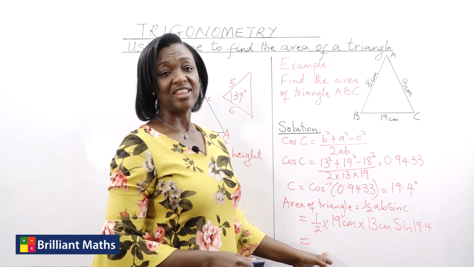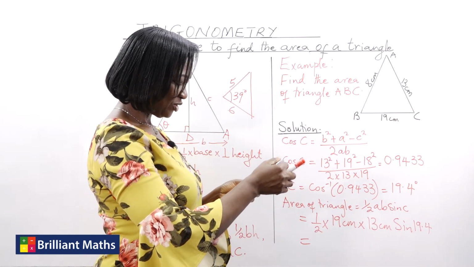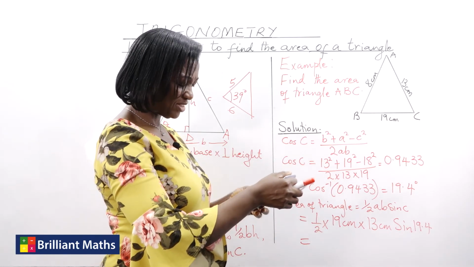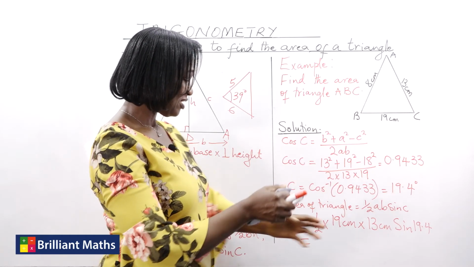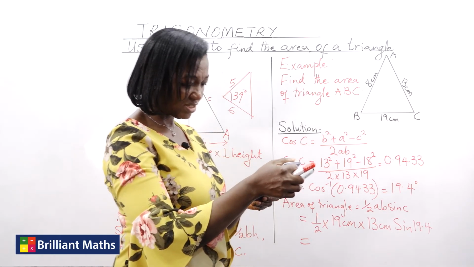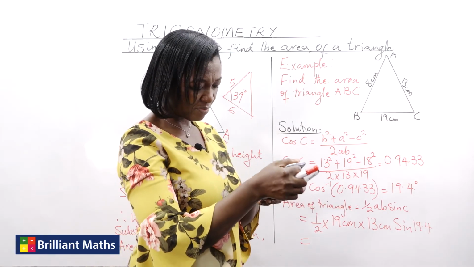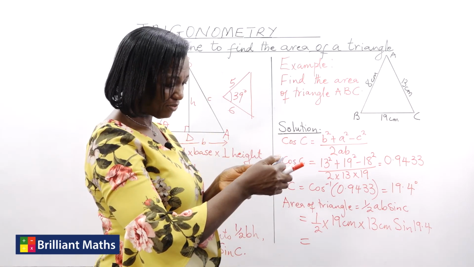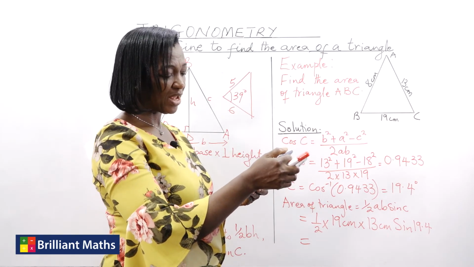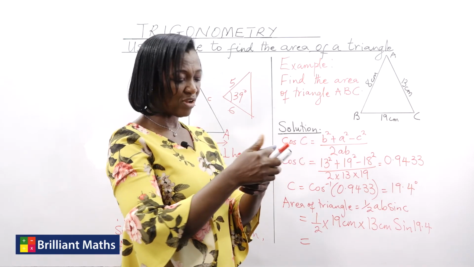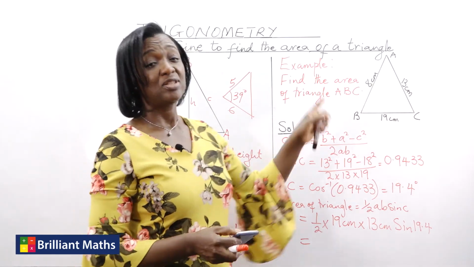So let's enter that into the calculator. So we have half times 19 times 13 centimeters times the sine of 19.4. And what do we get? It's 41.02 centimeters squared.